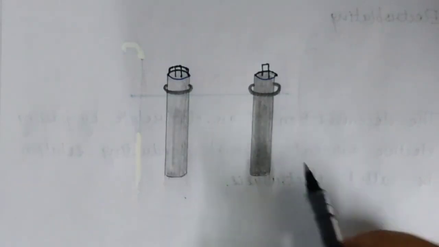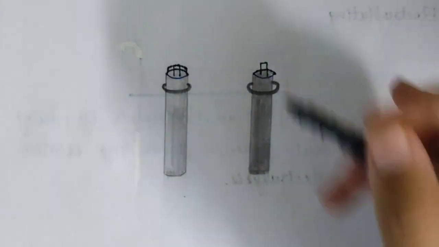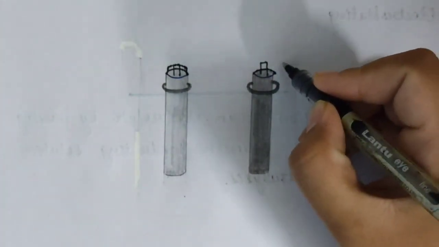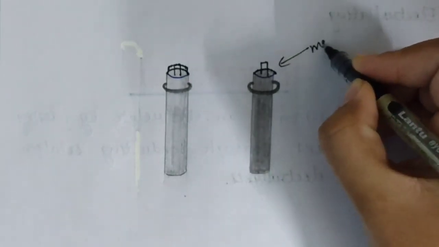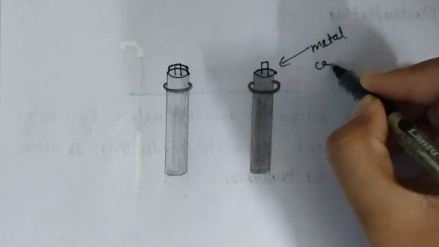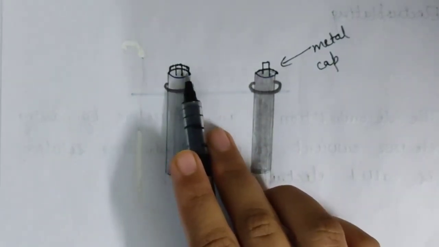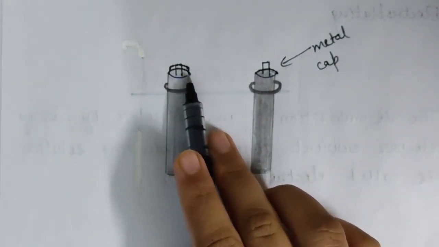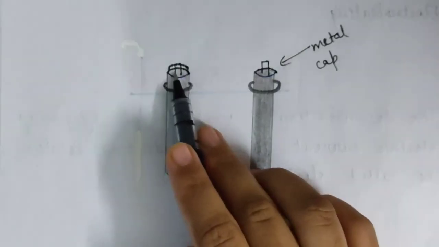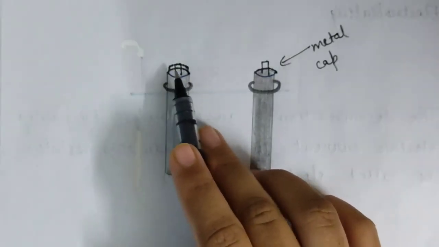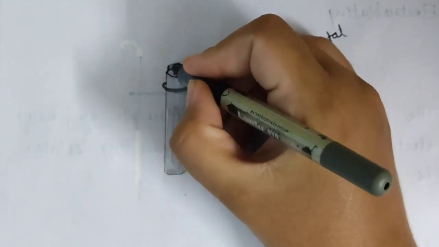Now clean their metal caps with sandpaper. These are the metal caps. Clean their metal caps with the sandpaper. And now wrap copper wires around the metal caps, like in this way.